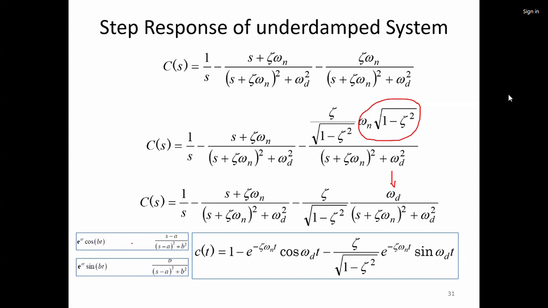If you have a function like S minus some constant divided by S minus some constant square plus some other constant square, this is similar to what you see here, just that there is a minus sign here, and here it is plus of minus j omega n. So this is like S minus minus j omega n divided by S minus j omega n whole square plus omega d whole square.